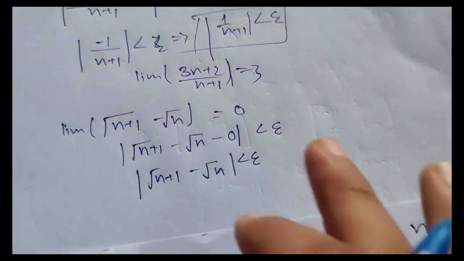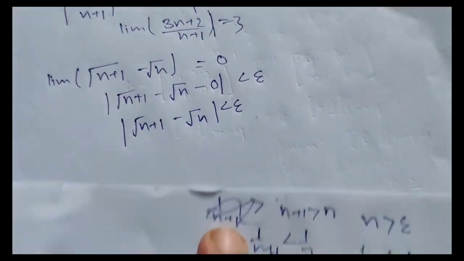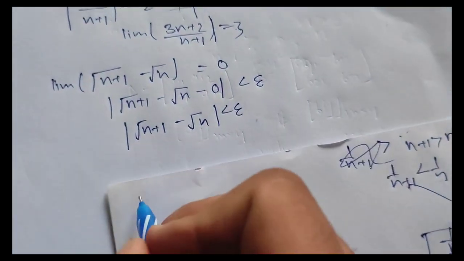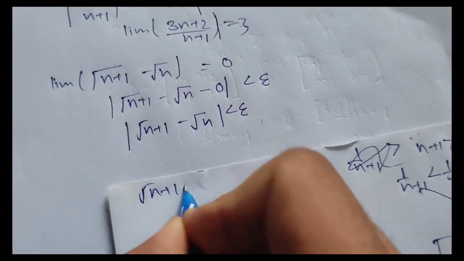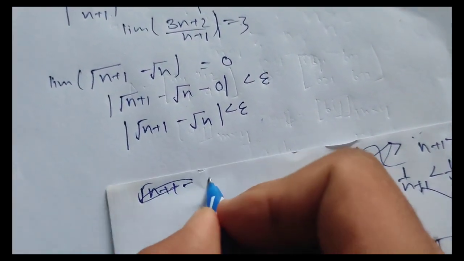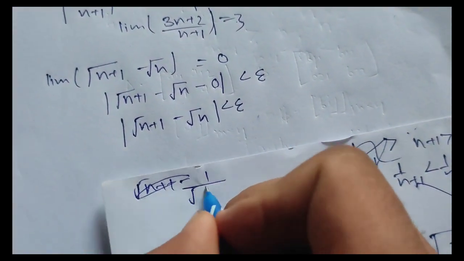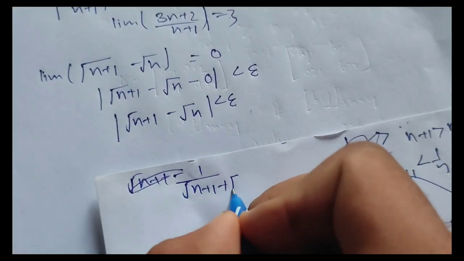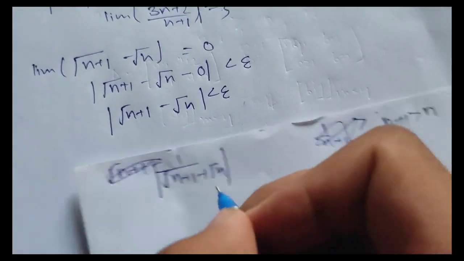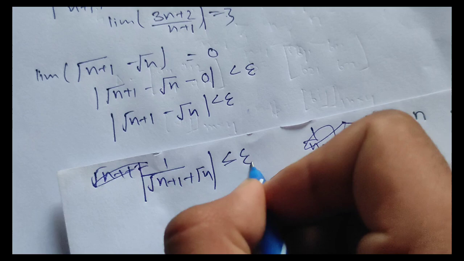By rationalization, root(n + 1) minus root n basically becomes 1/(root(n + 1) + root n). It is less than epsilon.